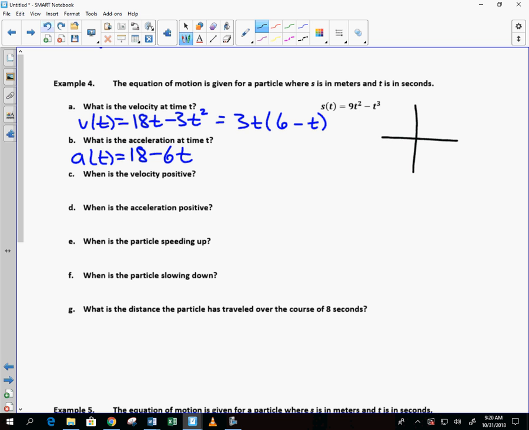Where does that graph cross the x-axis? At 0 and at 6. One piece I did not put on here is that t must be greater or equal to 0. We're only going to talk about positive time. I remember to fix it on your worksheet. I did not fix it on your notes. Does this parabola go up or down? It goes down. So that graph tells us when the velocity is positive. When is the velocity positive? Very good.